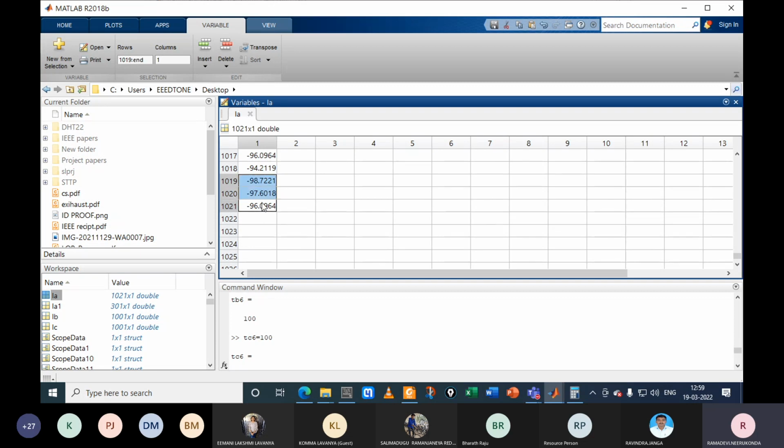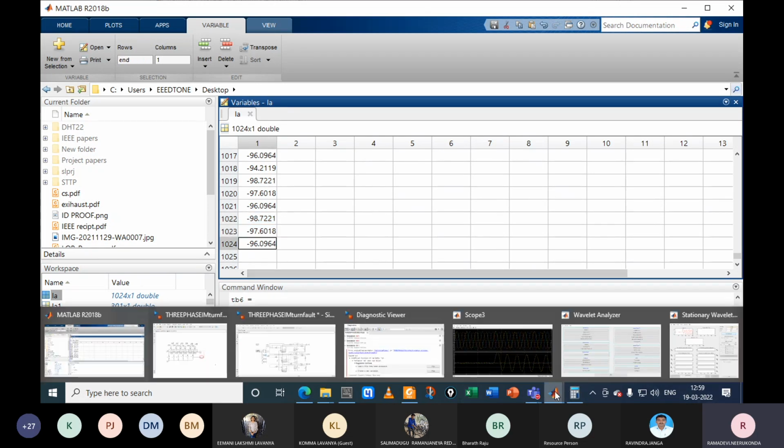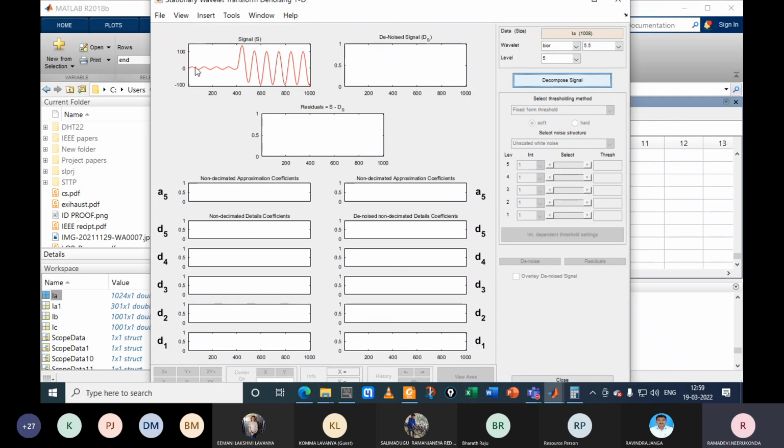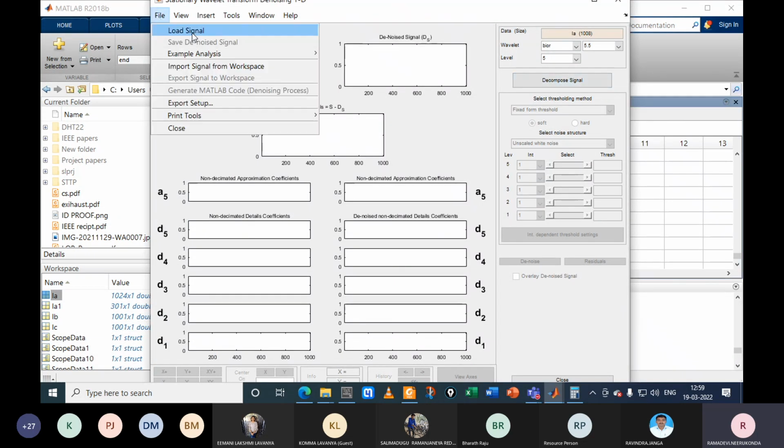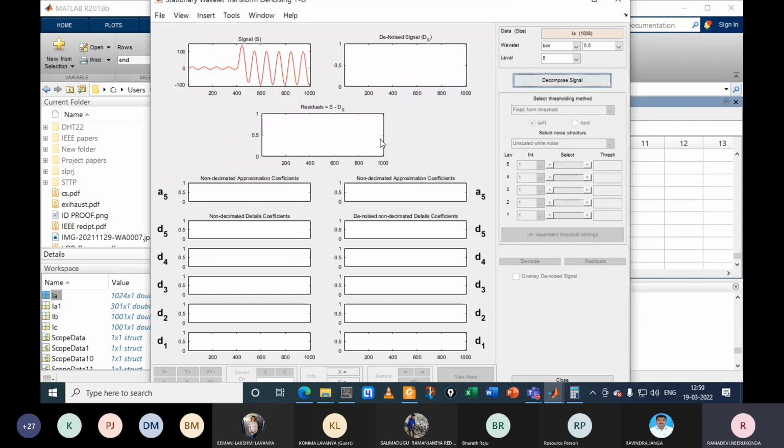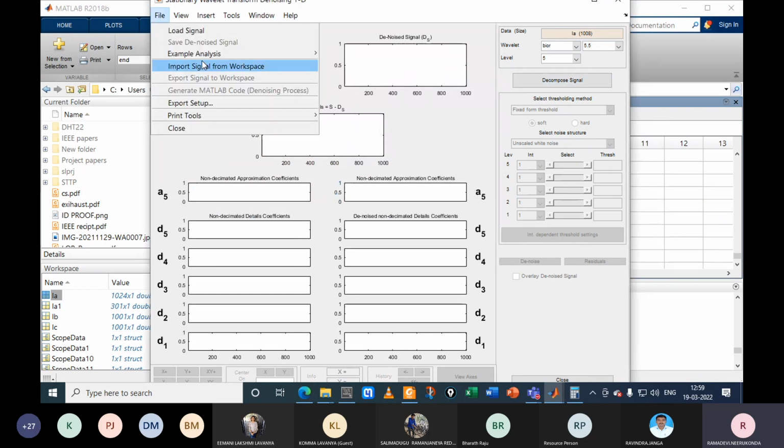Three more are required. Okay. So now load the signal.